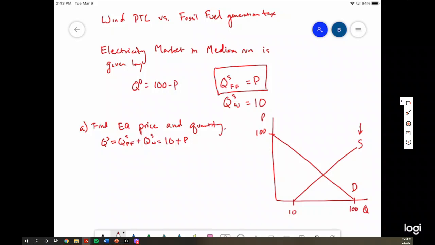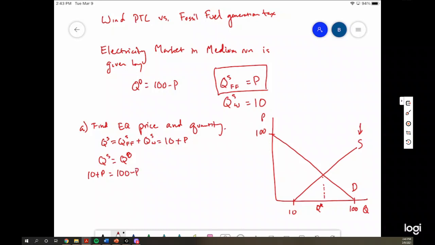We also have graphed the demand, so we can figure out the equilibrium. How? By getting the intersection between demand and supply. So we'll take QS equals QD, that should be a D. It's going to be 10 plus P equals 100 minus P.